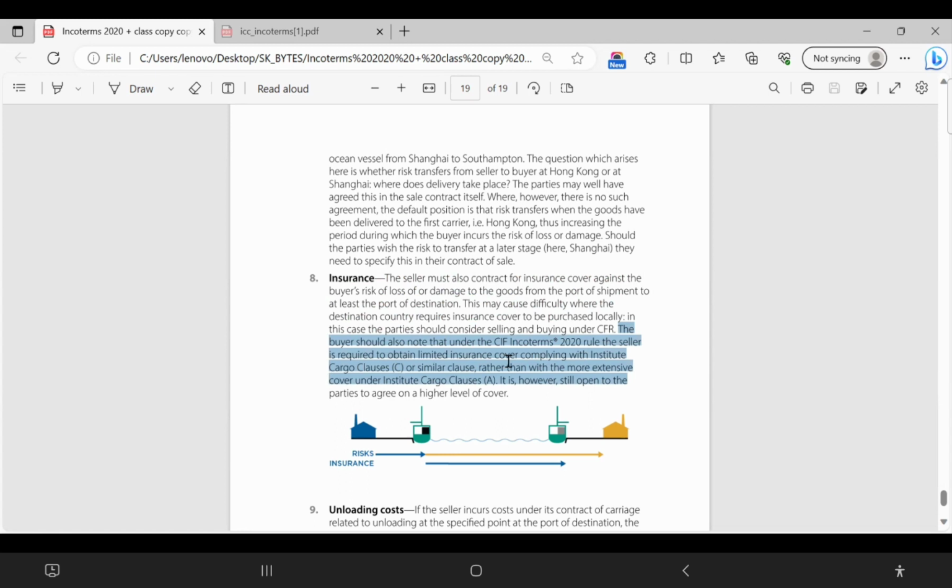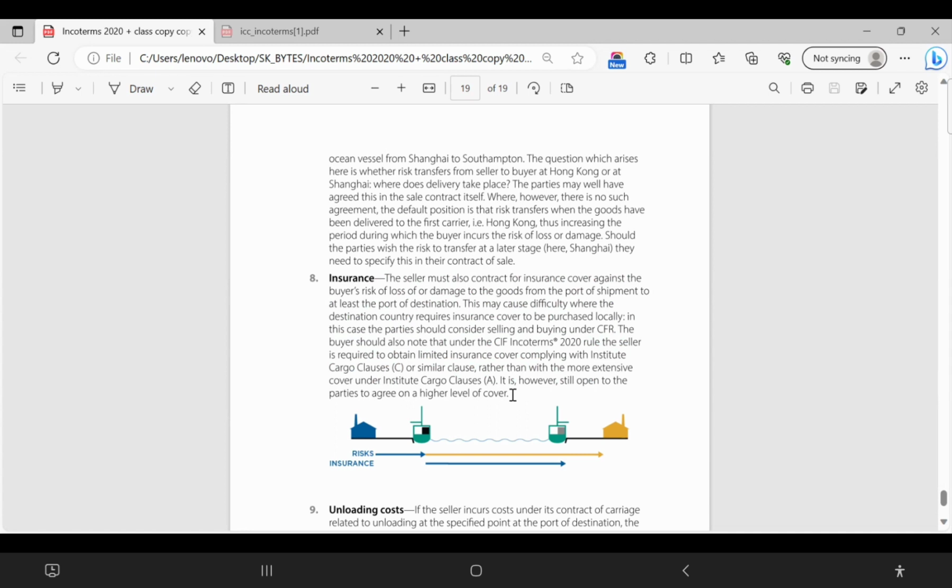The buyer should also note that under the CIF Incoterms 2020 rule, the seller is required to obtain only limited insurance cover, complying with ICC C or similar class, rather than the most extensive cover under ICC A. It is, however, still open to the parties to agree on a higher level of cover.